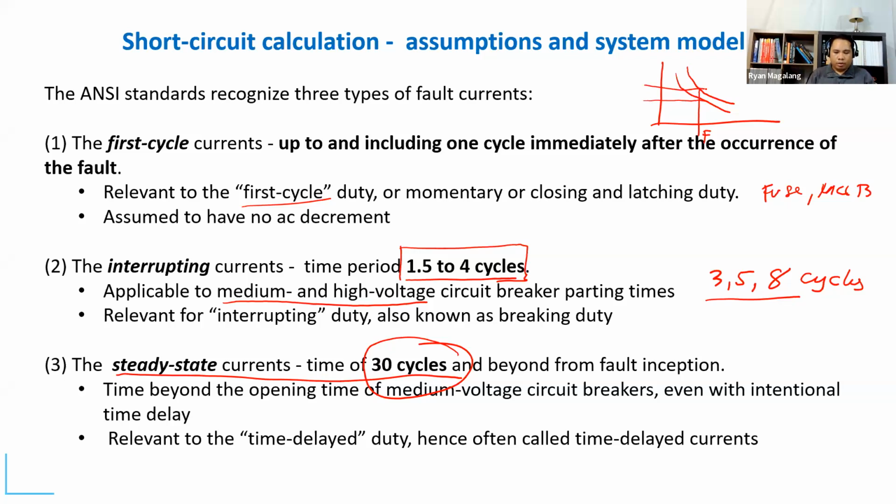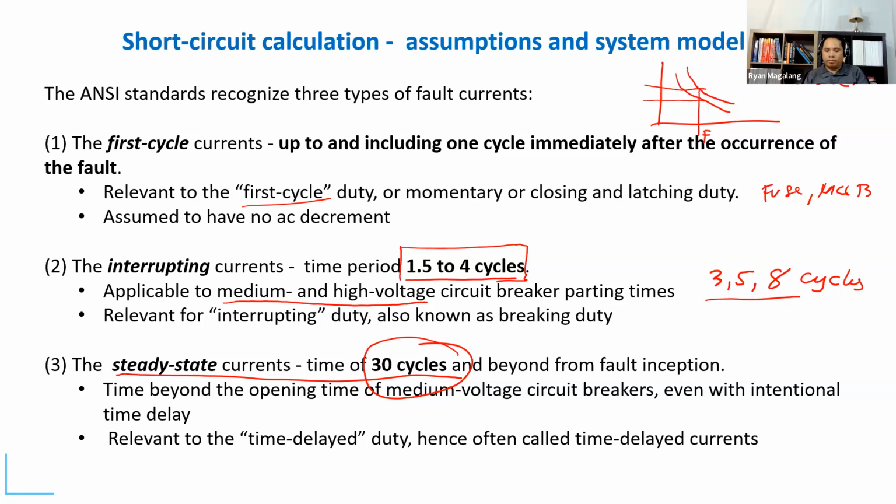So using it for time delayed devices, time current coordination, you know that you're talking about 30 cycles or more, because the time current coordination alone, the coordination interval (CI) for your relays, let's say, is already specified at 0.3 seconds.